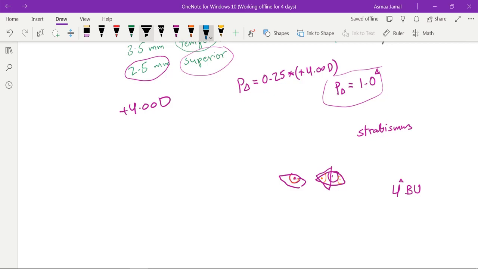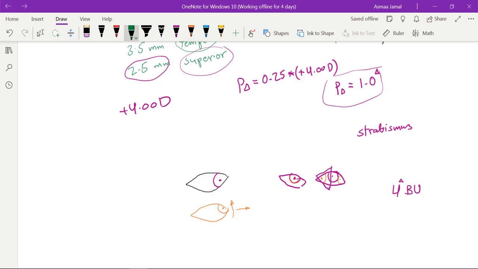For example, this patient has misalignment not just horizontally, but also vertically at the same time. So the eyes are like that, horizontal but also vertical. The strabismus here is up and in this horizontal direction.